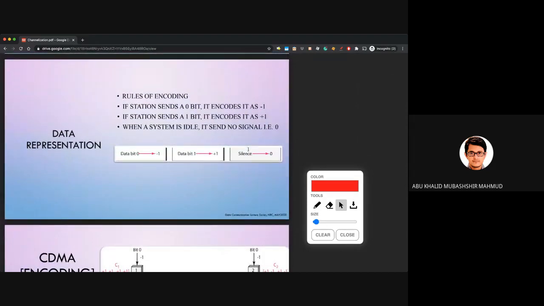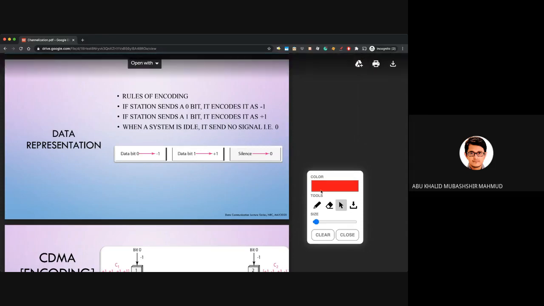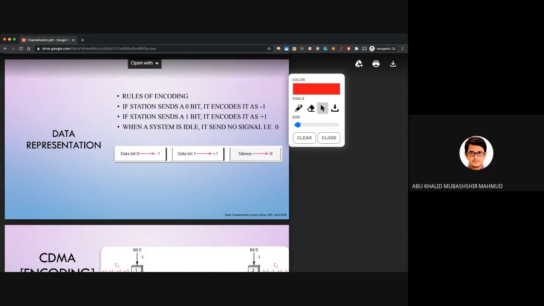Now, let's focus on data representation. How do we represent the bits, and how do we represent silence? For a data bit of 0, we represent it by the value -1, and a data bit of 1 as +1.